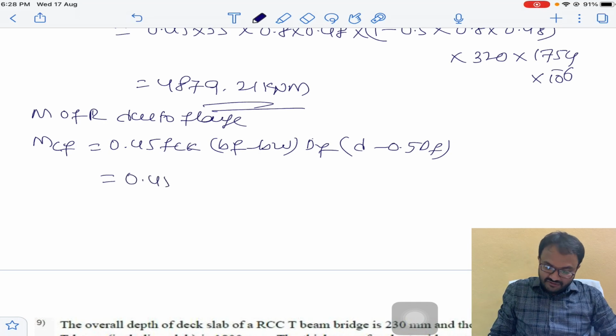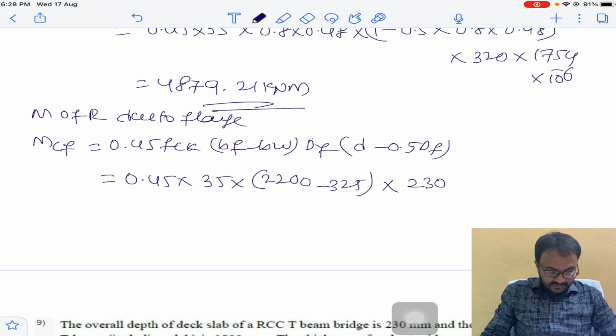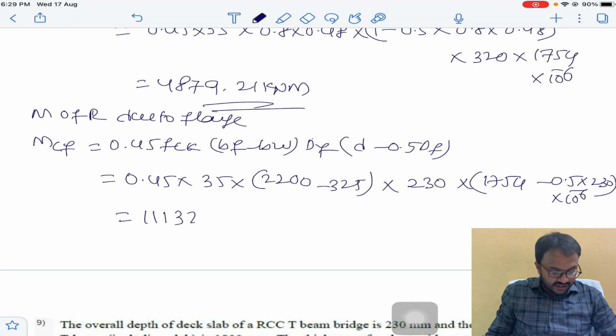So now 0.45 into FCK is 35 into 2200 minus 325 into 230 into 1754 minus 0.5 into 230, into 10 power minus 6. So you will get 11132.40.